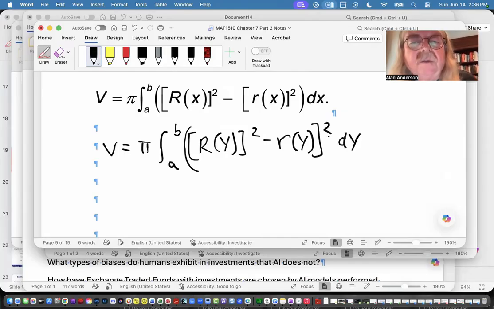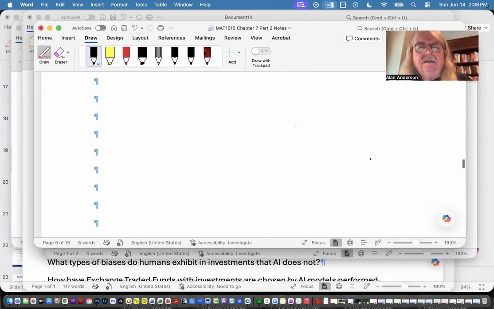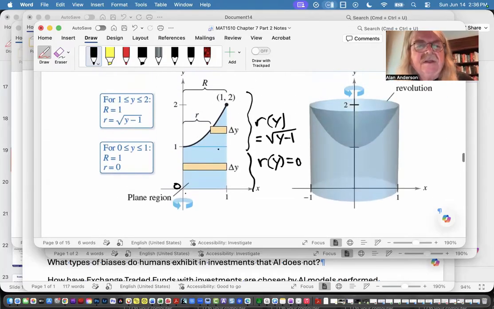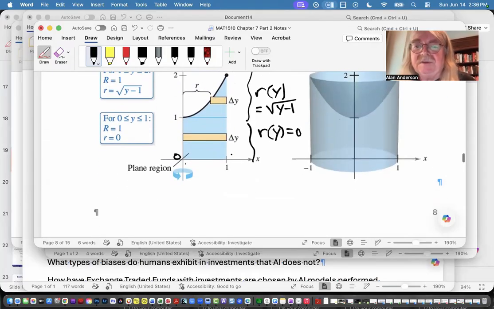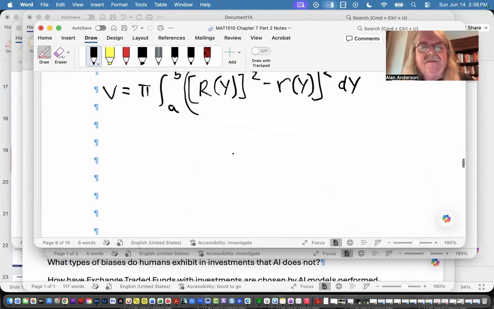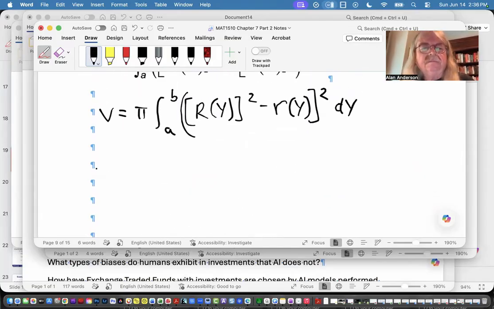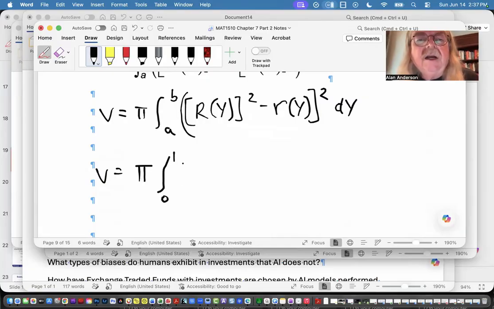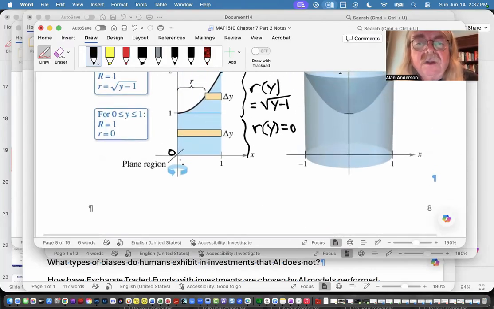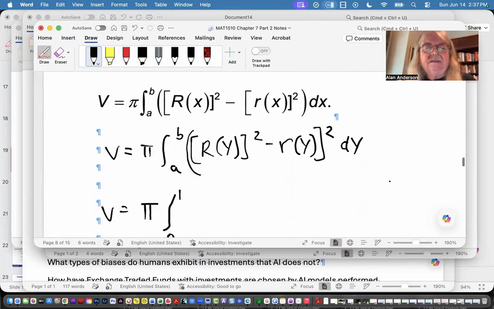All right, so we're doing this in two stages, of course, as you can see. We'll start with the bottom one first because it's really simple. We have from 0 to 1, the outer radius is 1. The inner radius is 0. Wow, that couldn't be any simpler.